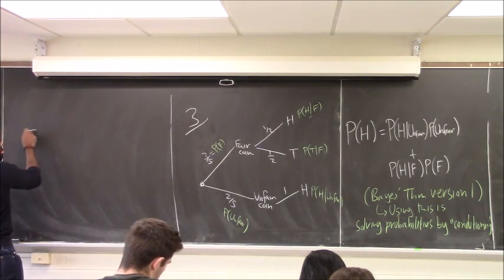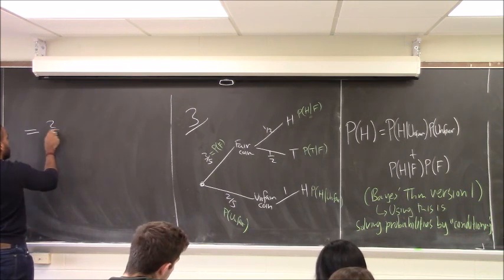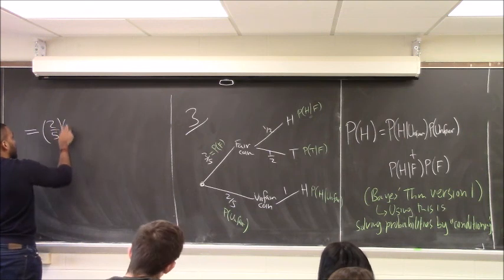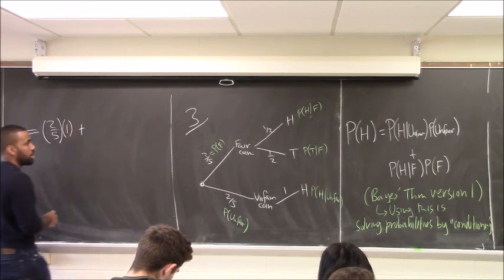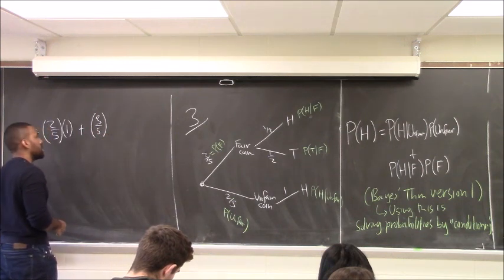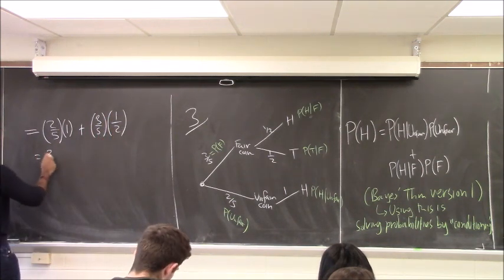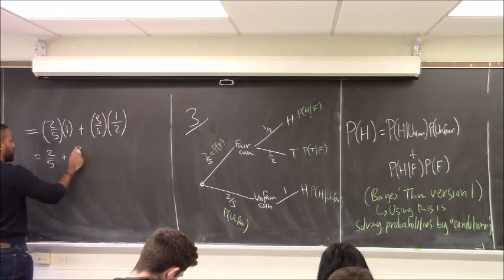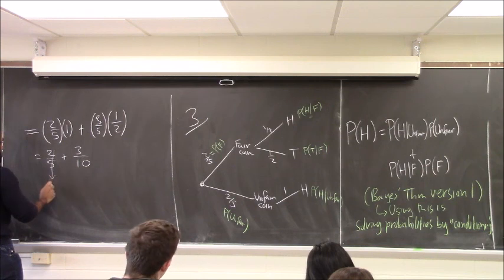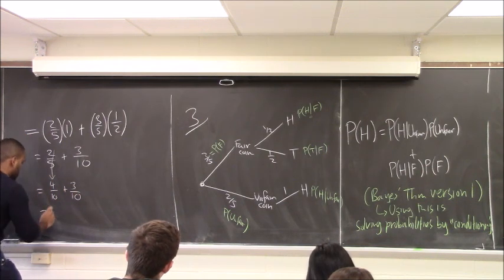This would end up being: probability of picking the unfair coin is 2/5, the chance of getting heads if I pick that is 1, plus the probability of picking a fair coin is 3/5, the chance of me getting heads if I pick that is 1/2. So this is going to be 2/5 plus 3/10, which is 4/10 plus 3/10, 7/10.